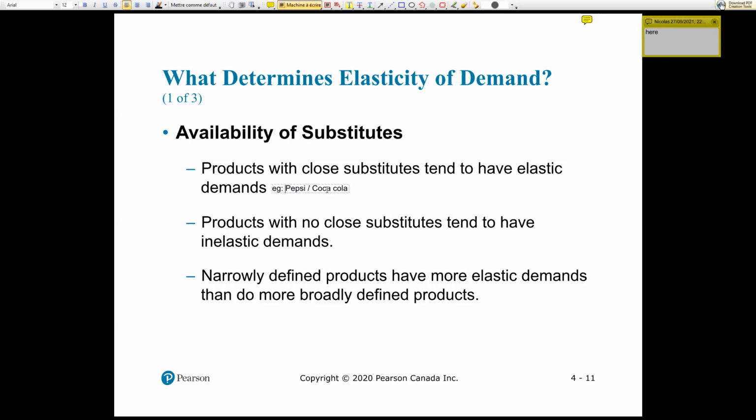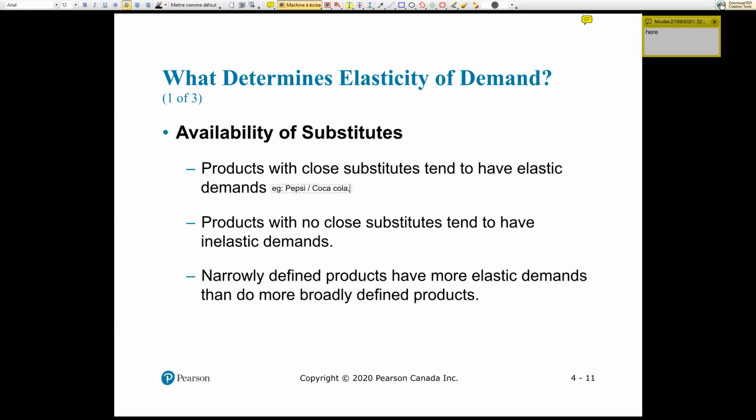What is a close substitute? A close substitute means that it's very easy for people to pick one or the other, and they're mostly the same for them.